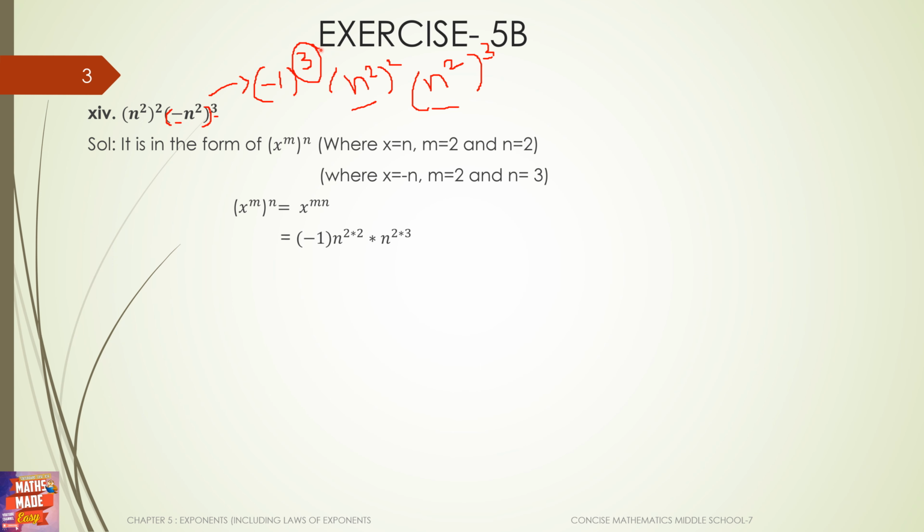Right, children? It is an odd number. So when you multiply an odd number of times, it will be minus. So don't forget to put minus n to the power of 4 and n to the power of 6. I hope it's clear.